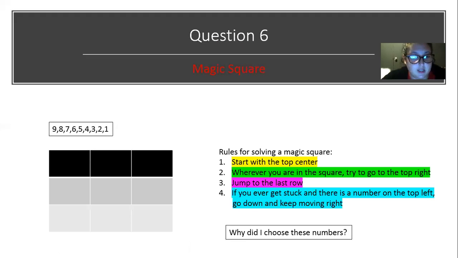All right, so in this one, I needed to make up my own. Well, I thought this should be able to work with any set of numbers, really, as long as it's in descending order by ones. So we're going to start with the top center and work our way down. We're going to start with 9, and we're going to use that same pattern as we did before.